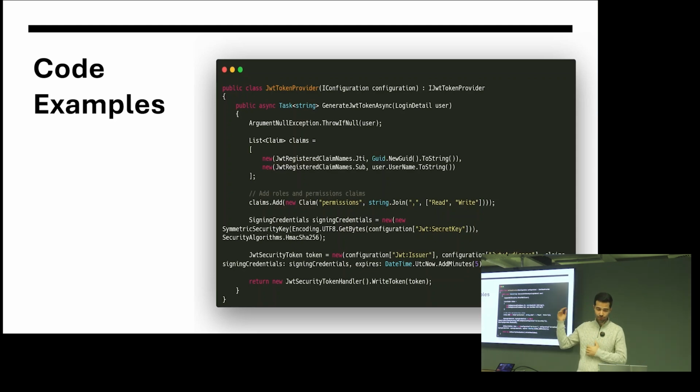If everything is fine, when it comes to generating the token, after validating the users, the first step is to add some claims. These are public claims that we always add to our JWT tokens. For instance, sub, which is an abbreviation for subject, we usually enter the username because it's unique.